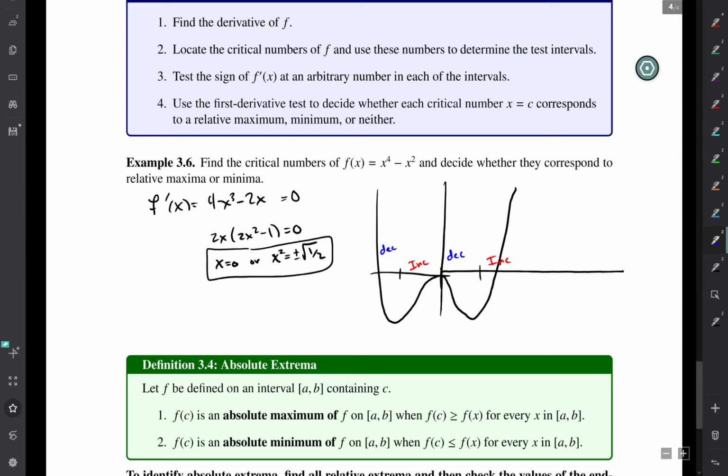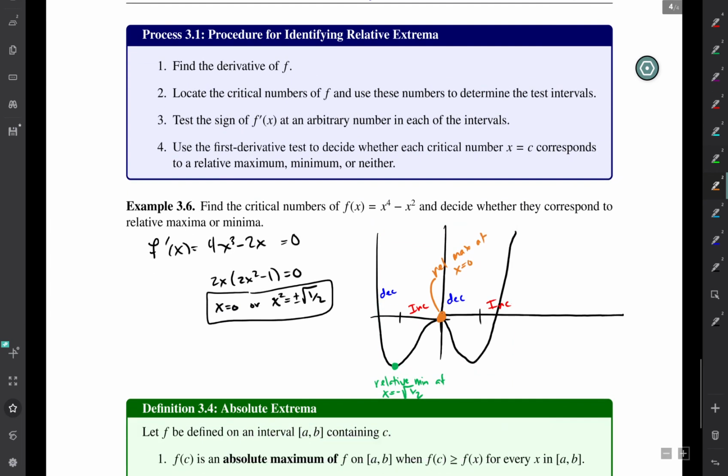And so we know that x equals negative square root of 1/2 is going to be a relative min, and that's because it goes from decreasing to increasing. And then x equals 0 will correspond to a relative max, and that's because the function goes from increasing to decreasing.